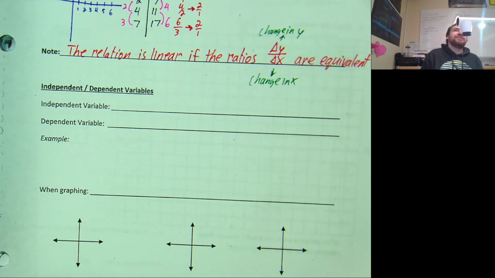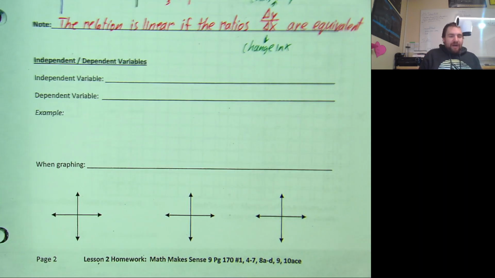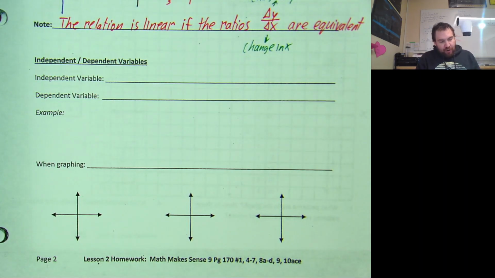Okay, so in linear relationships, one of the variables is called the independent variable, and one of them is called the dependent variable. What do you think those words might mean in this context? Rebecca?